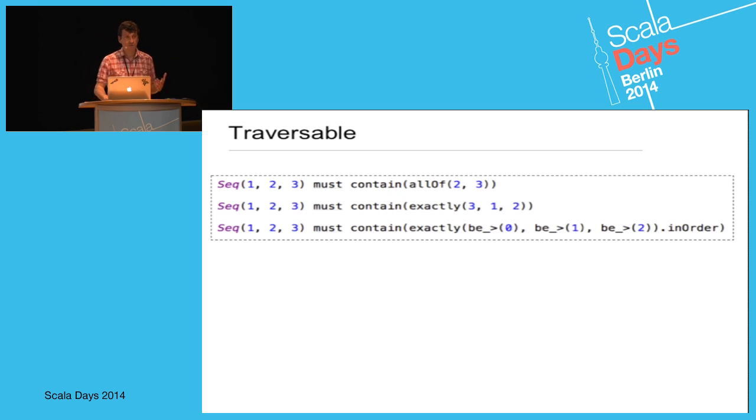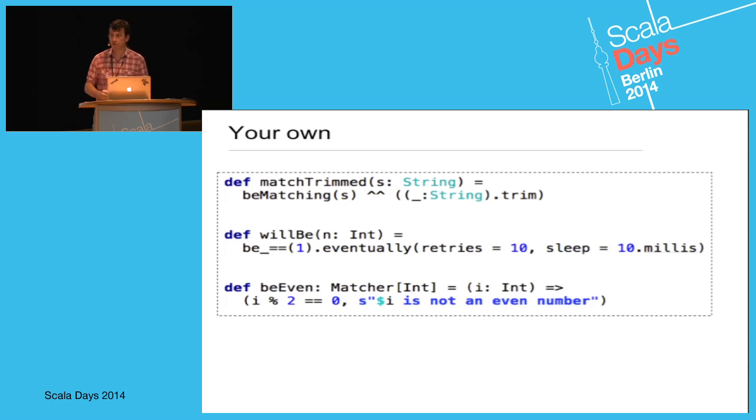So you have lots of those predefined matchers in specs2, but that's not always enough. I mean, you have your own data types. You have your own things you want to use matchers on. So the thing you want to do in that case is create your own matchers. And the easiest way to do that is simply to take an existing matcher and transform it slightly to create a new matcher doing exactly what you want.